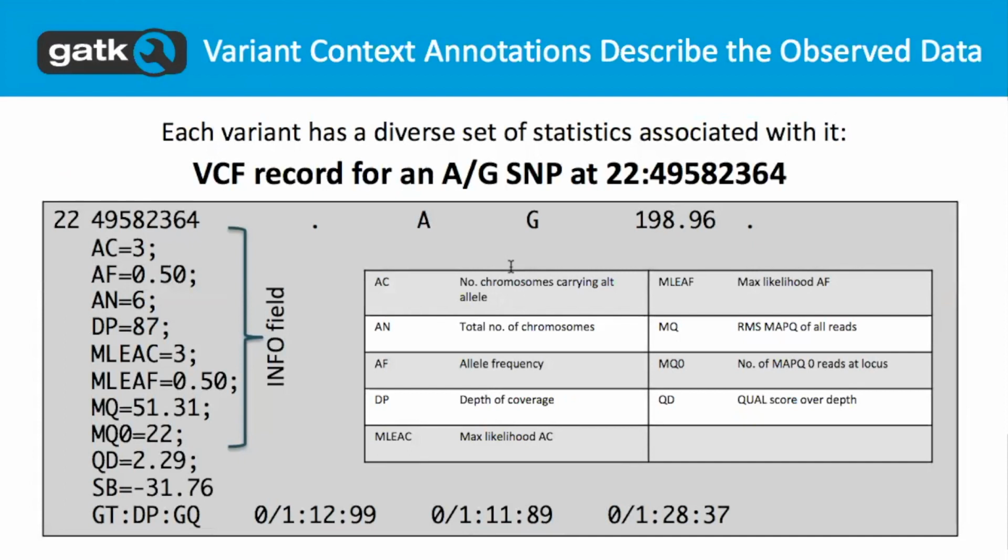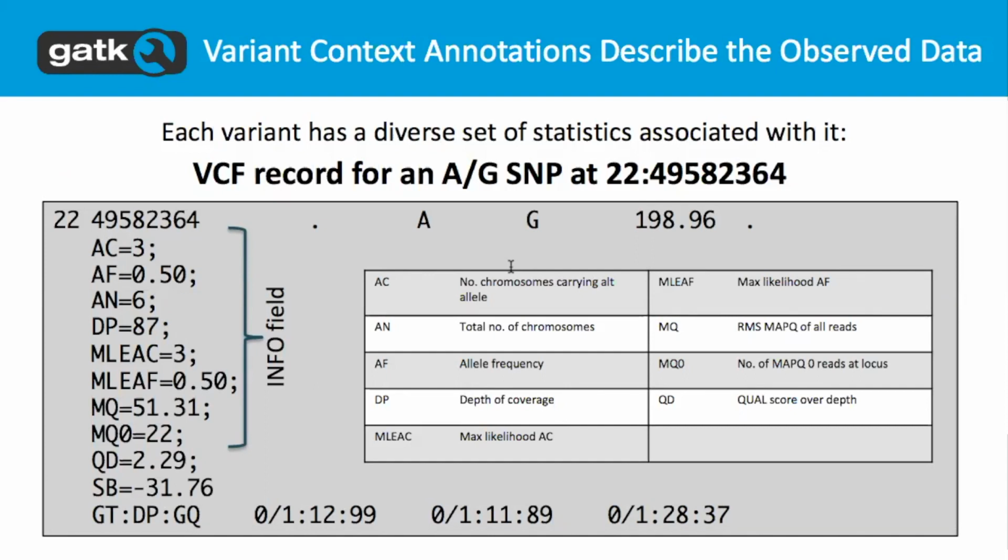Okay, so a few words about the annotations. The annotations I'm talking about are output in the VCF in the info field, and for example, you get the allele frequency, the depth of coverage, mapping quality, and position rank sum, I believe, is one of them.